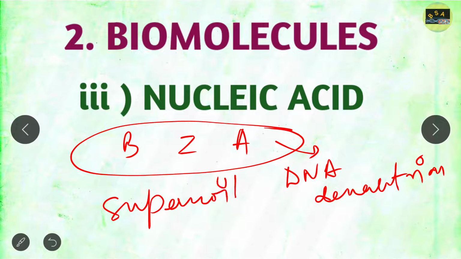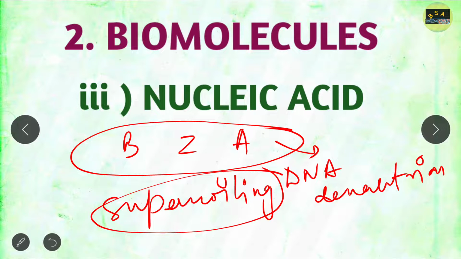Nowadays they don't ask many questions from supercoiling, but still, for CSIR, you should read these three things from nucleic acid. These are the important things. I don't think you have to give more focus to nucleic acid, but you have to understand all these three things, right?